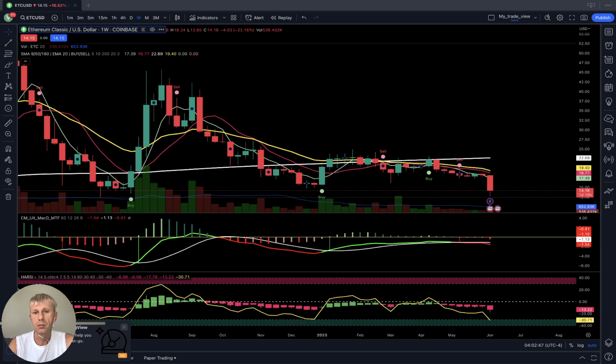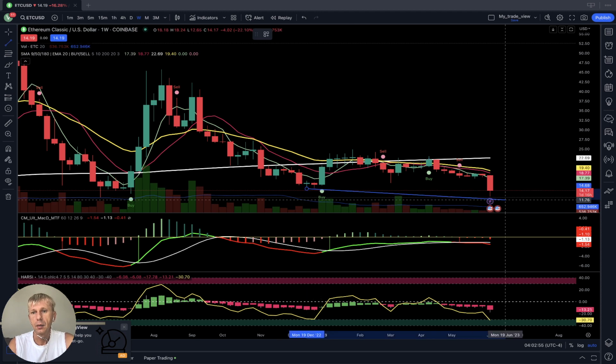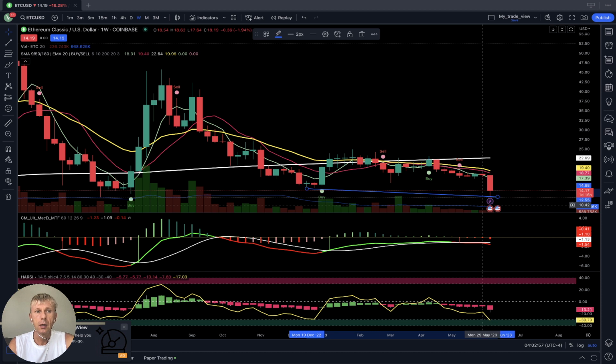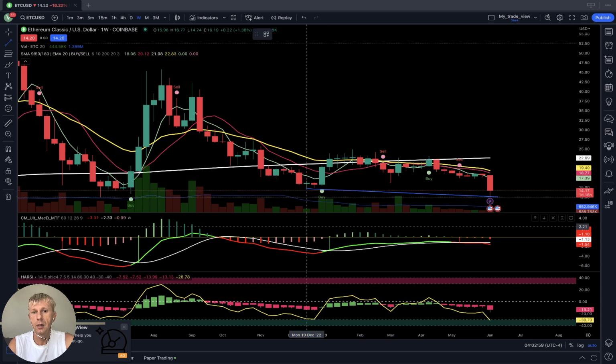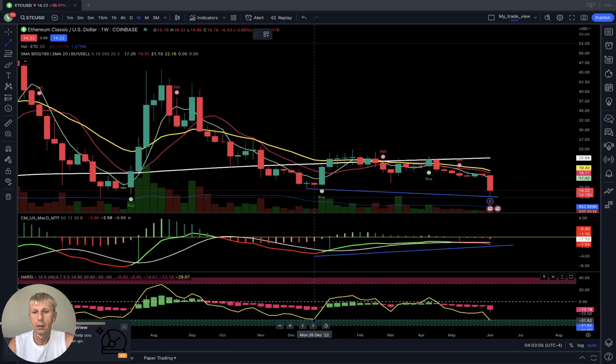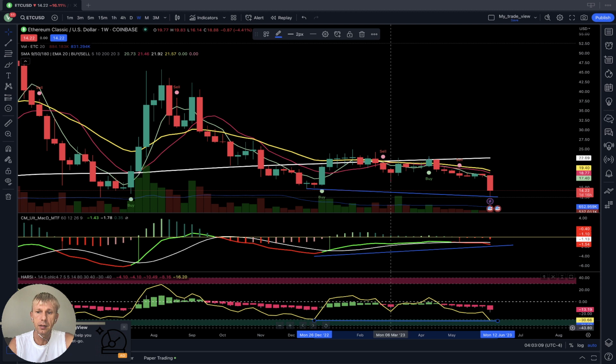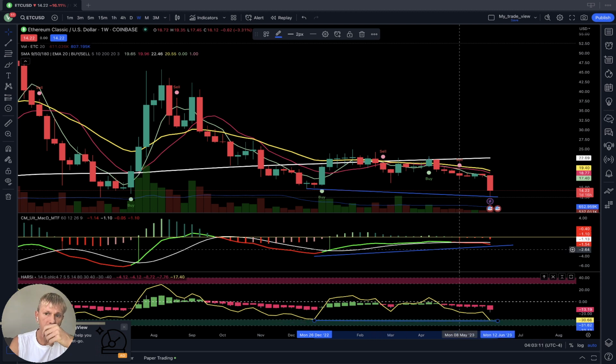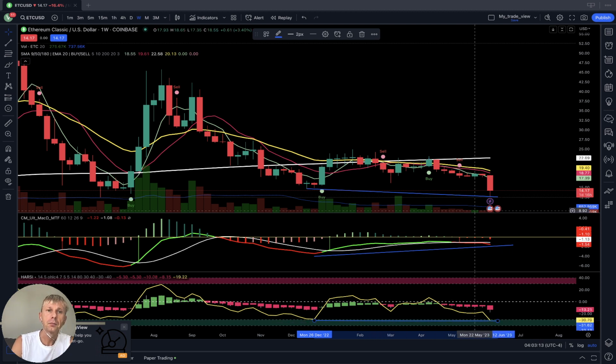Bearish trend, it has some small positive divergence if you check from this point, right? Price action is bearish and MACD is bullish, positive, and RSI positive. Kind of flat RSI, but compared to the price it's positive.